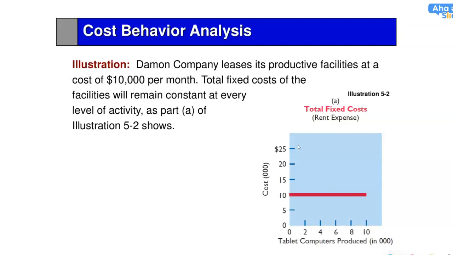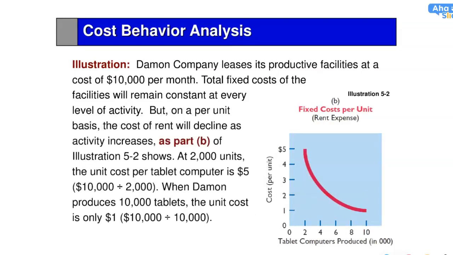So back to our Damon Company manufacturing tablets. As I said, they lease the productive facilities for 10,000 a month. Total cost remains 10,000, regardless of the production. If I produce 2,000, 4,000, 8,000, whatever, the fixed cost will remain the same. However, the more I produce, the lower the fixed cost per unit.